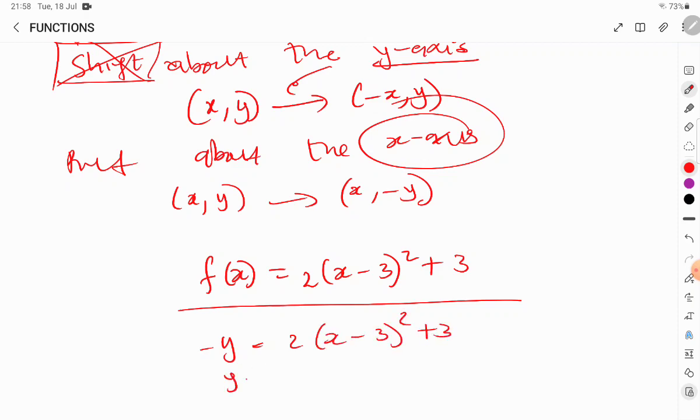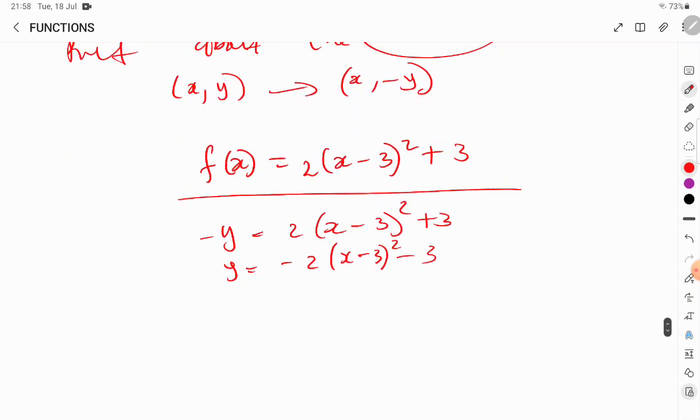To solve, you divide throughout by the negative, so you'd have y equal to negative 2(x minus 3) squared minus 3.